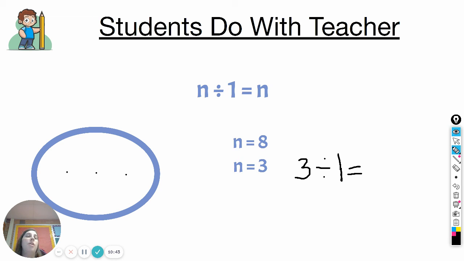Go ahead on your whiteboard and solve. 3 divided by 1 equals what?